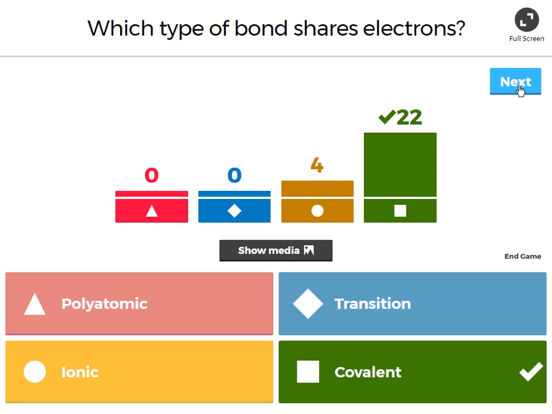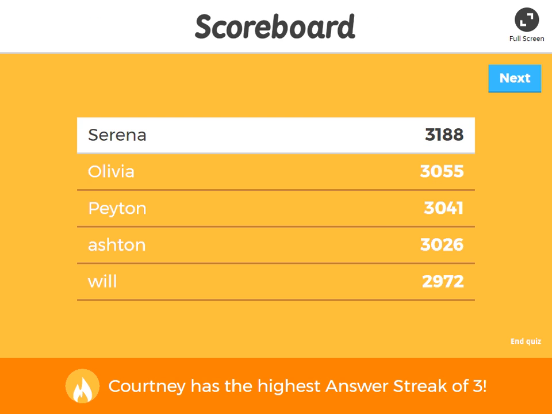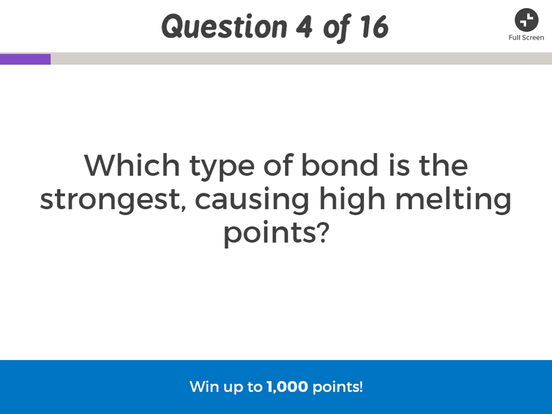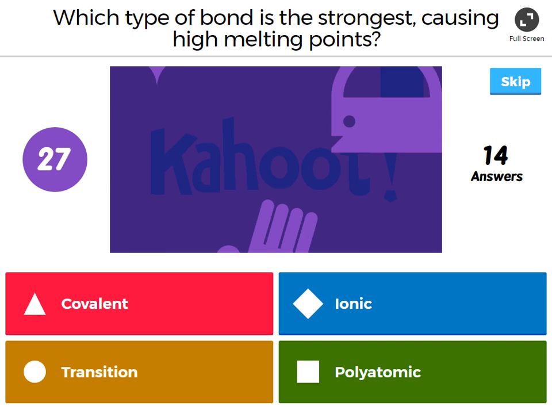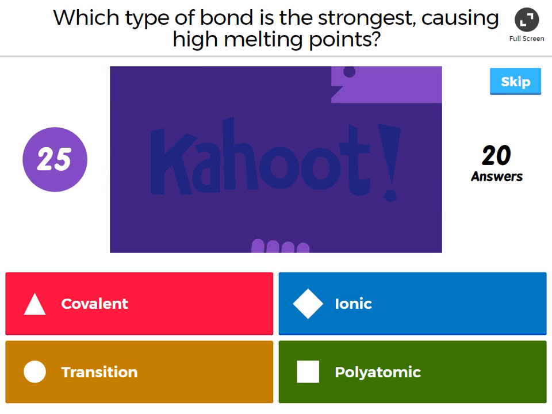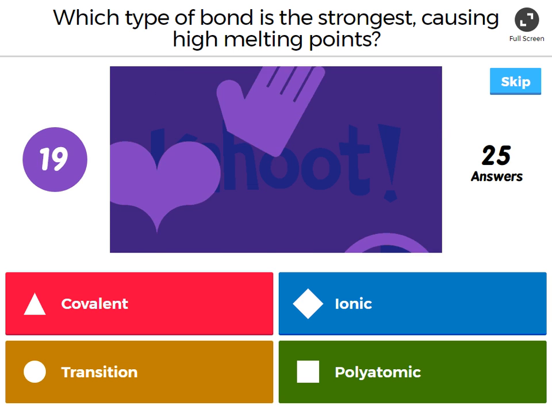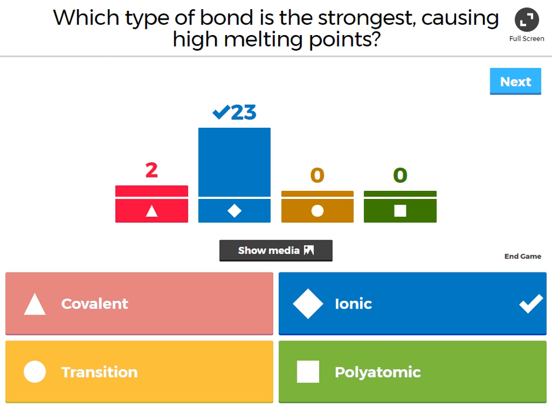So non-metals will share electrons, making a covalent bond, because they have to get octets together. So next, which type of bond is the strongest, causing high melting points? Alright, ionic, good job.